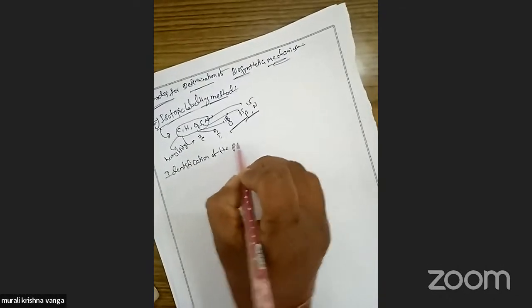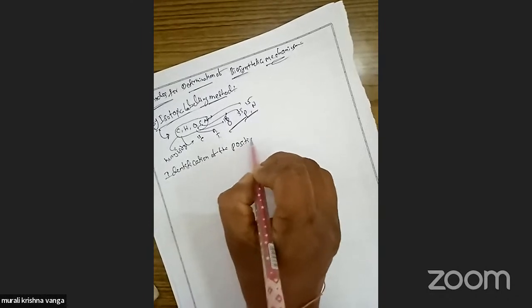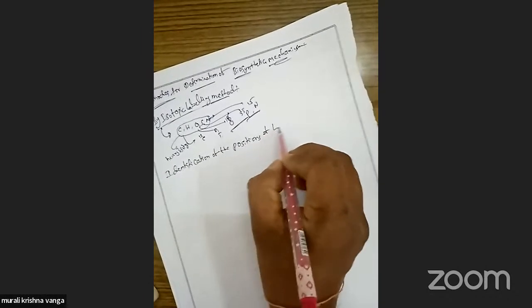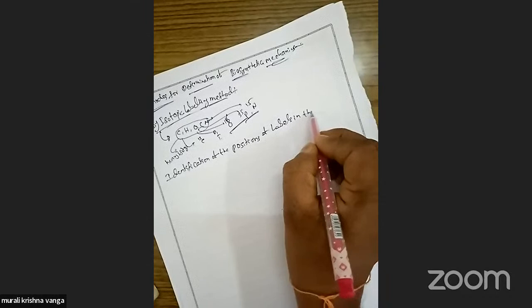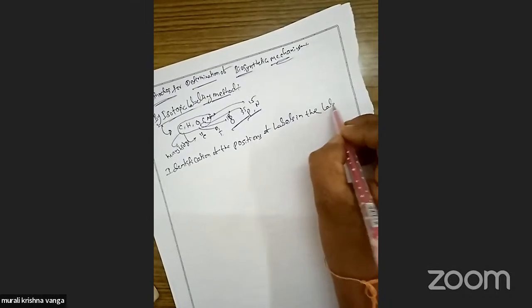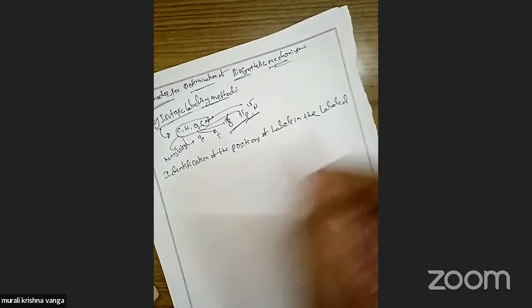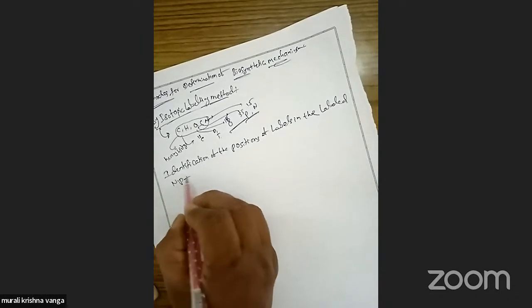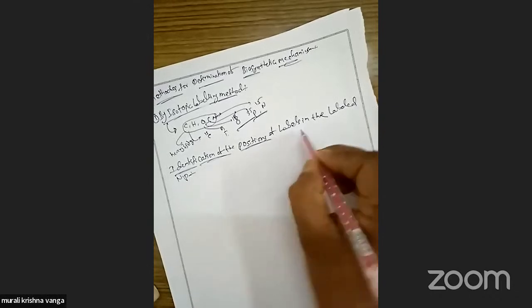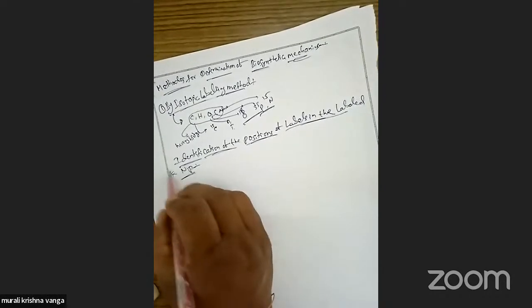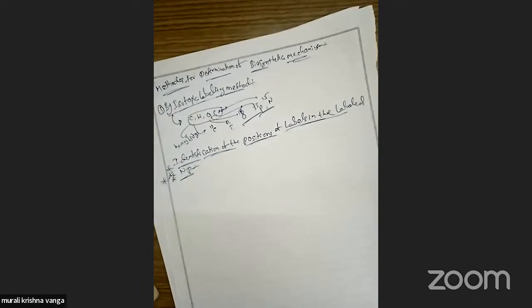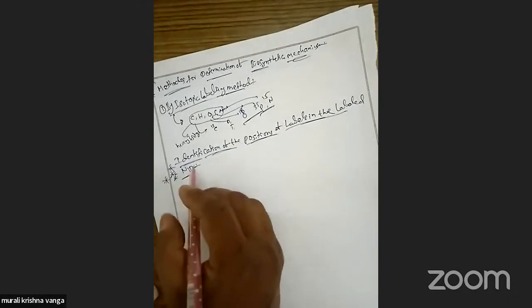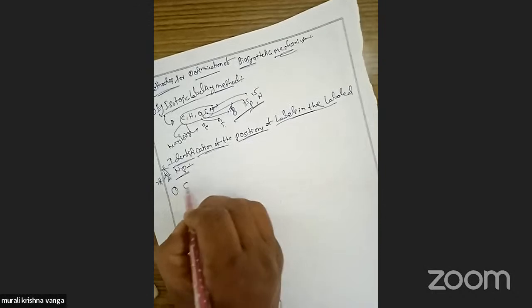This is very important. Two methods are there: the chemical degradation method and the spectral method. First, we are going to discuss the chemical degradation method.